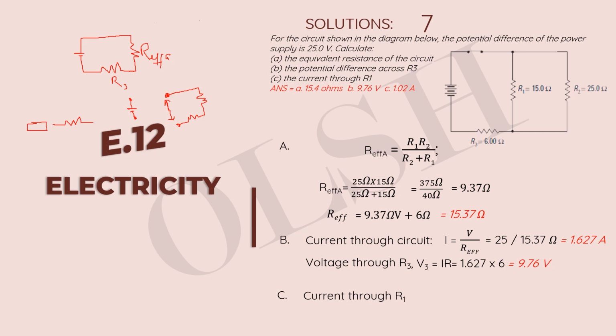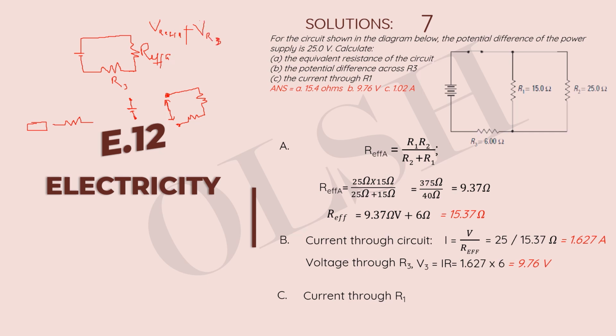So the voltage across this circuit now is V, the voltage across R effective A, which is this resistor, plus V3, that's the voltage across R3.